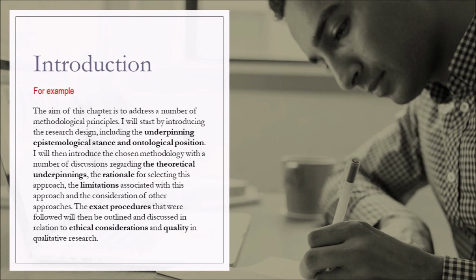So, after reading this introduction, if you focus on the text in bold here, the reader already knows that the chapter will provide useful information on the theoretical knowledge of the selected research design and the rationale of the research approach and the complete procedure, including data collection, process of analysis, and validation strategies.